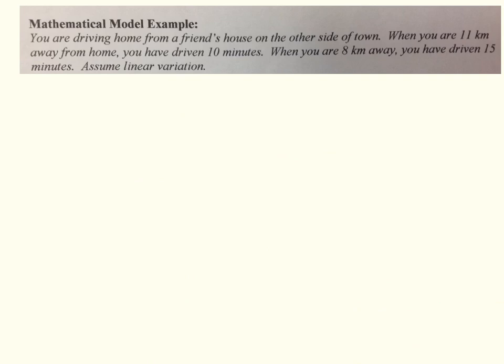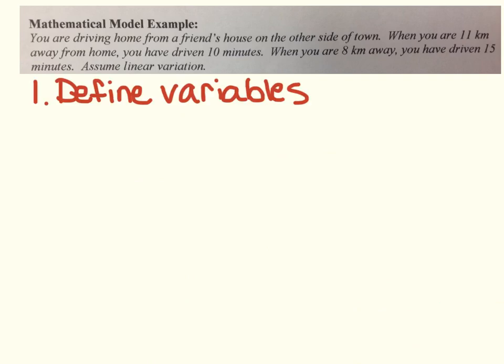The first thing we want to do in all these problems is always define your variables. So for this problem, we have 11 kilometers away from home, I'm going to go with a distance, and then we've got 10 minutes, time. So I'm going to let x be time because time is independent. X will be time, and y will be our distance.